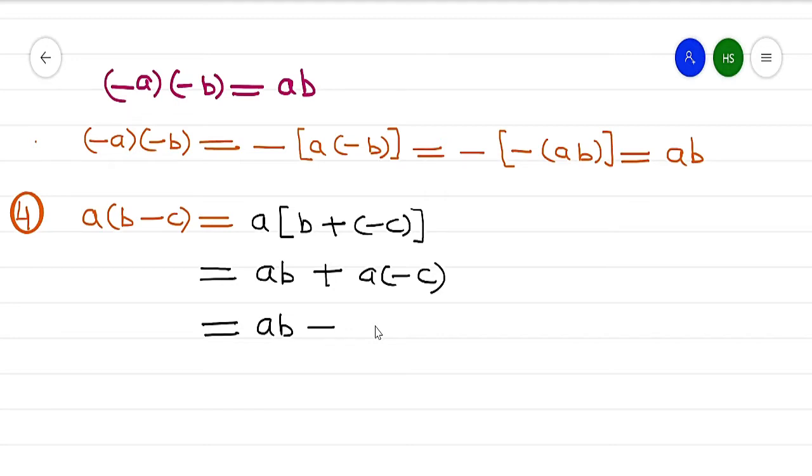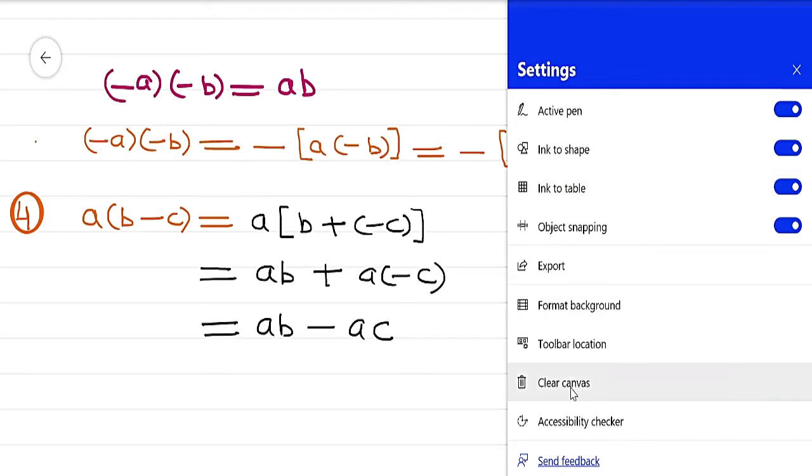So in a ring, the following properties hold. Now the next theorem is, if R is an integral domain.